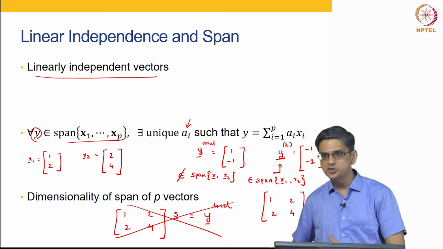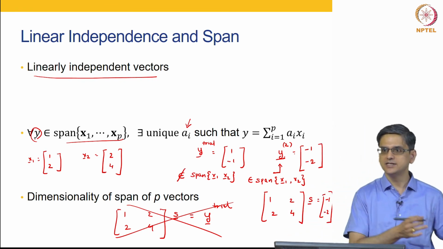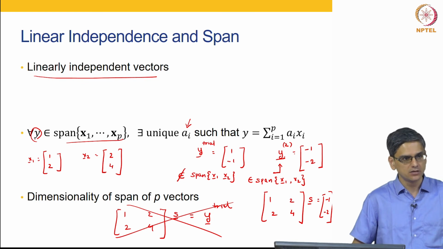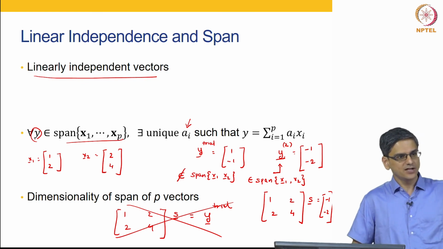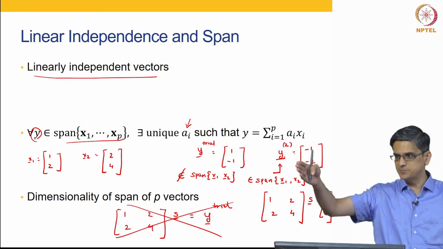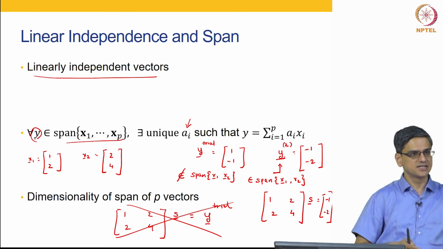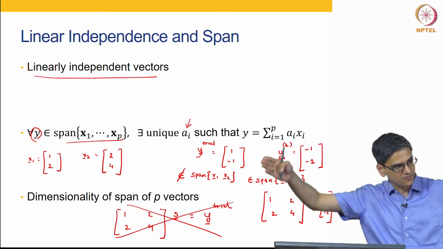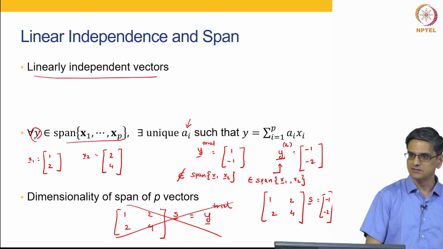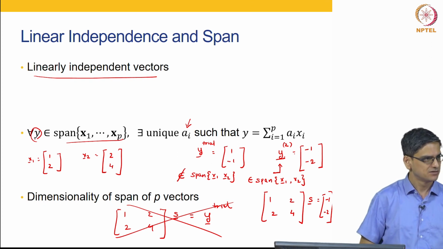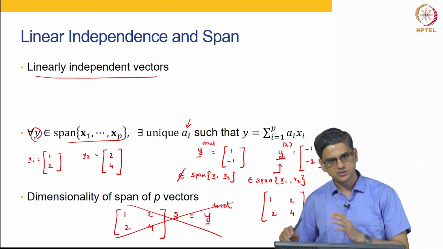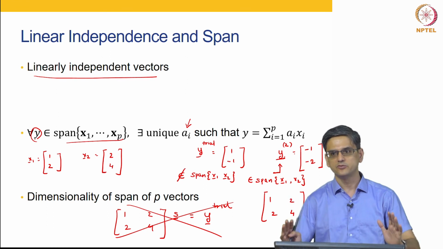So, how do you check whether y is in the span of x1 to xp? If the rank of the A matrix formed by x1 through xp and the rank of the A matrix formed by x1 to xp and y are the same, then y is in the span, else y is not in the span, right. Exact same thing that you have done before, just putting it in terms of vector spaces.